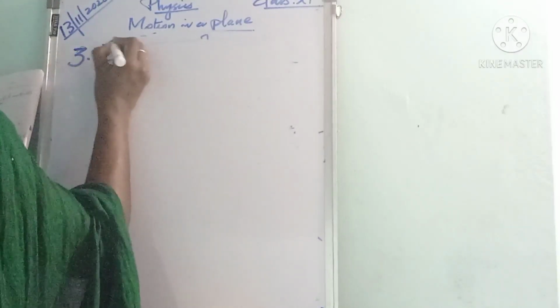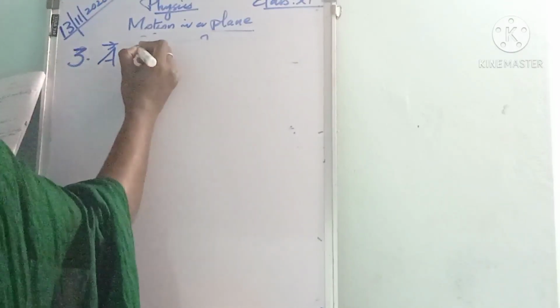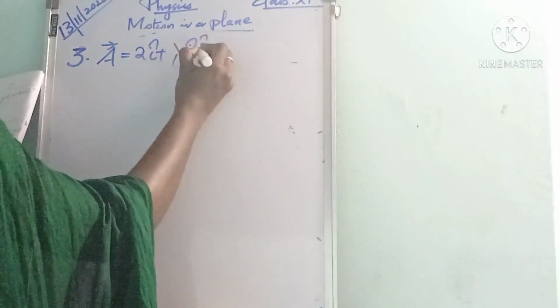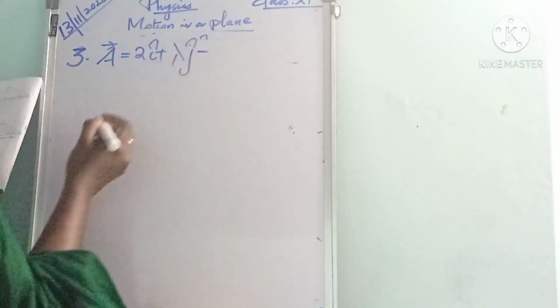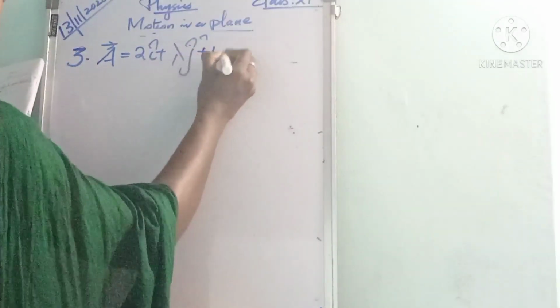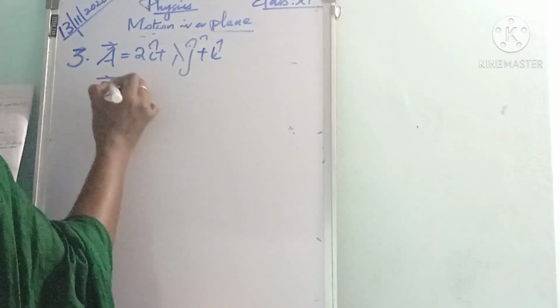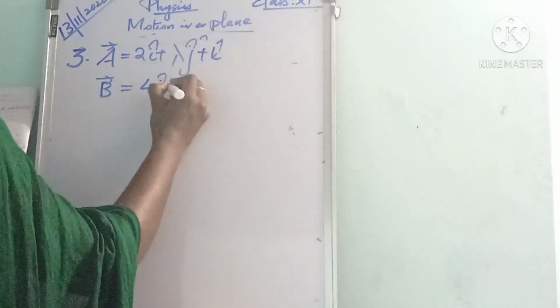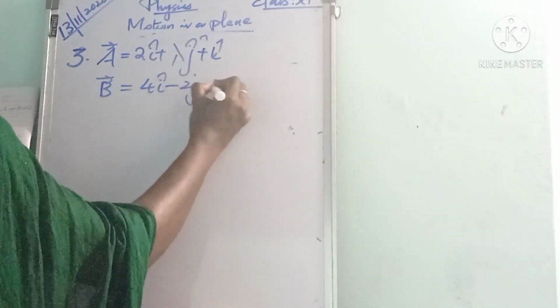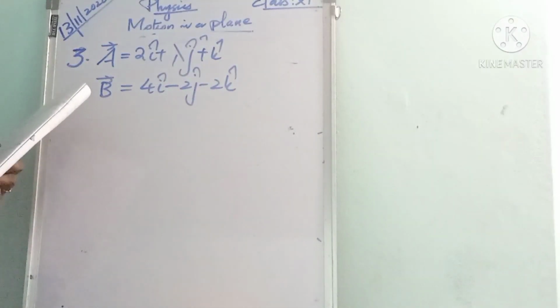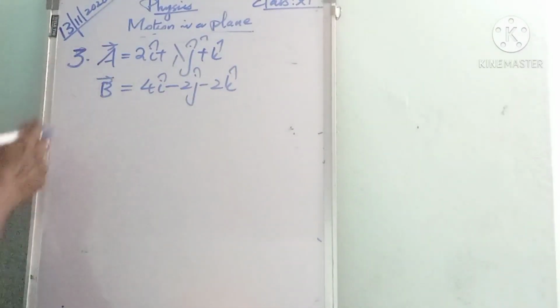Vector A is given as 2i plus lambda j plus k, and vector B is equal to 4i minus 2j minus 2k. These are the two vectors A and B.